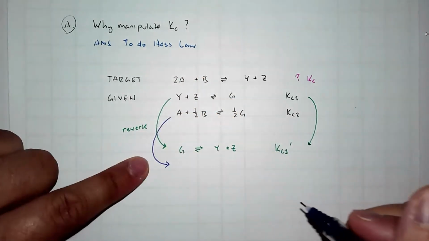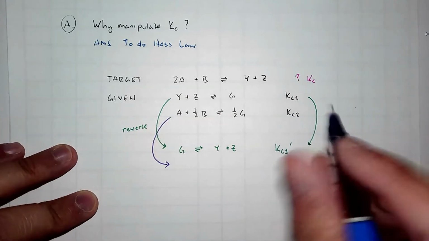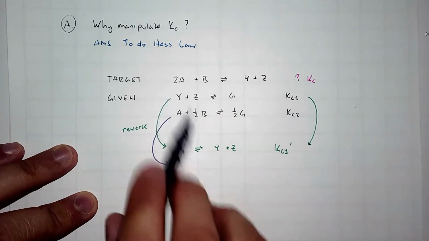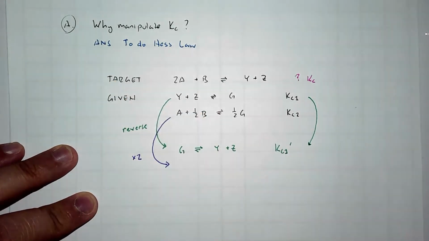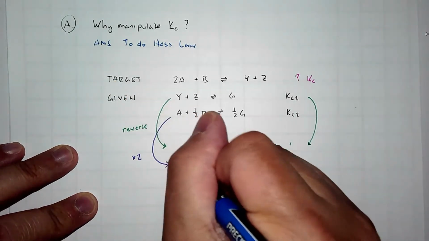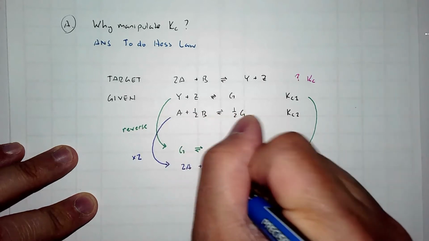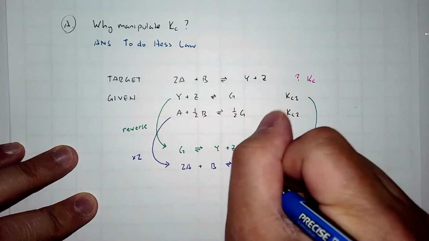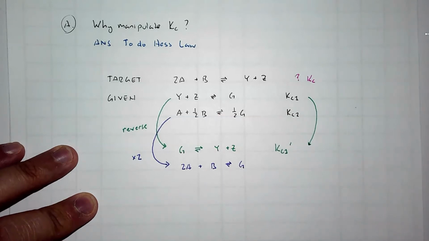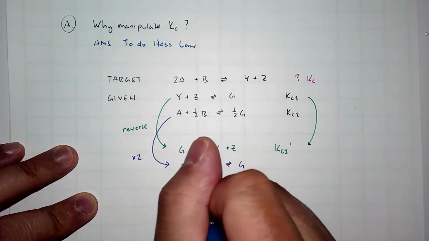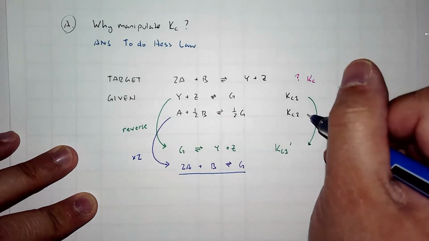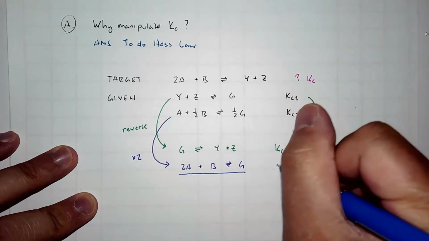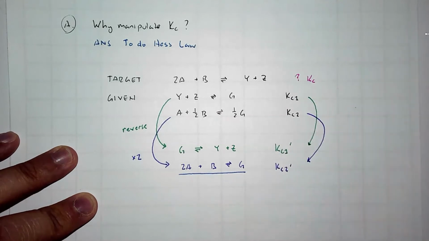But let me show you this equation. It looks like we have to multiply by 2. The A and the B are on the correct side, but we do have to multiply by 2 to get 2A plus B goes to G. Before we add up these two reactions, you have to figure out what the manipulation for Kc is going to be, Kc2 prime.